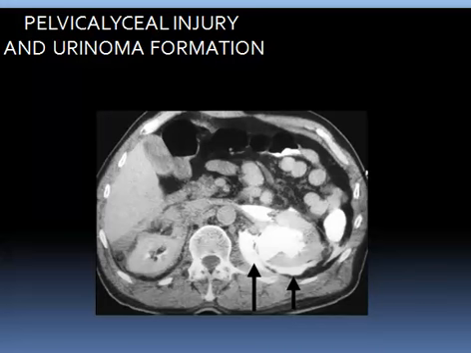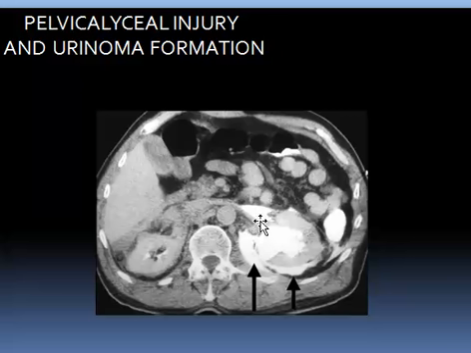Here we have pelvic calyceal injury, and the contrast is seen around the kidney again, and starts of urinoma formation. You cannot exclude the presence of hematoma. And here we can see subcapsular collection, and at the same time Gerota fascia collection, and as well anterior pararenal collection.